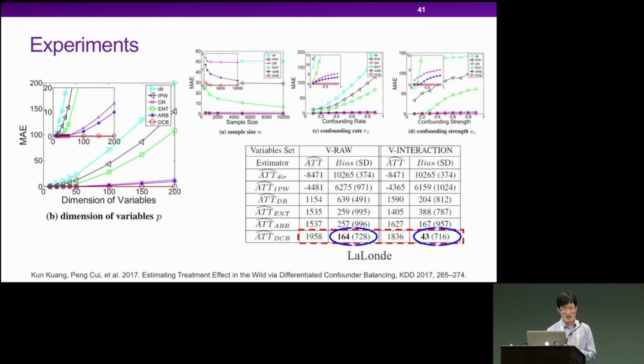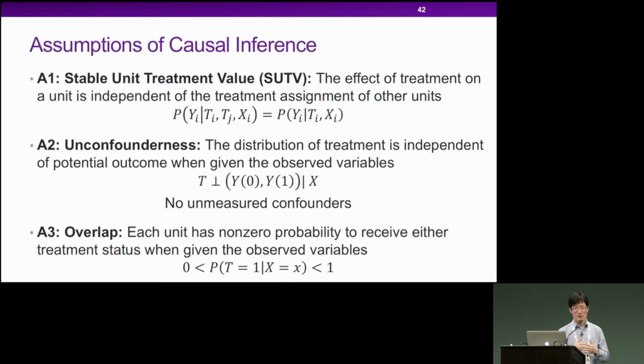Okay. So finally, before concluding this section, I want to remind you that for causal inference, especially in the potential outcome framework, we have three assumptions. The first is stable unit treatment value: the effect of a treatment on a unit is independent of the treatment assignments of other units.